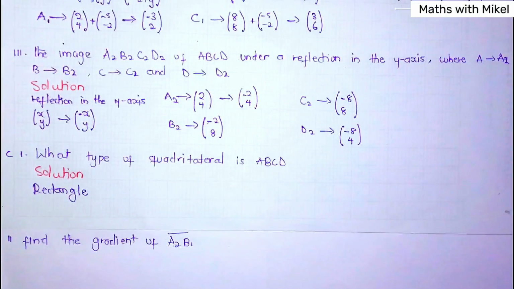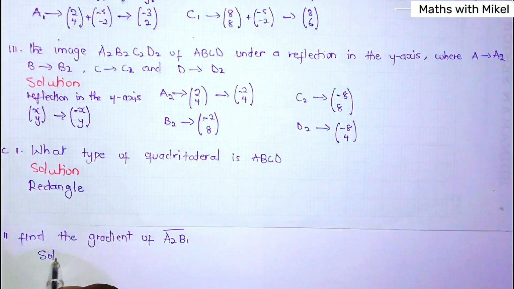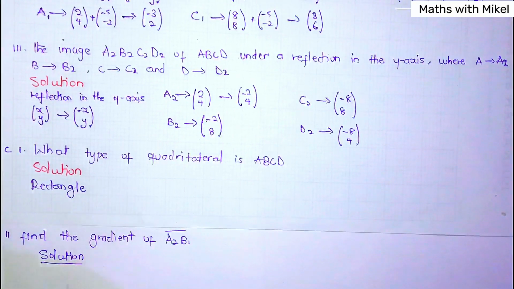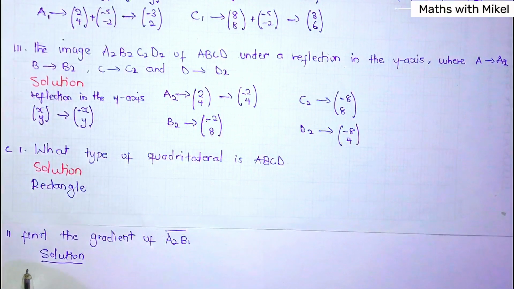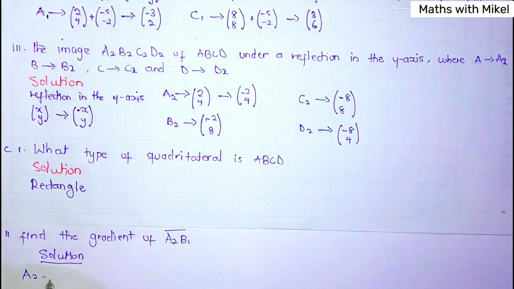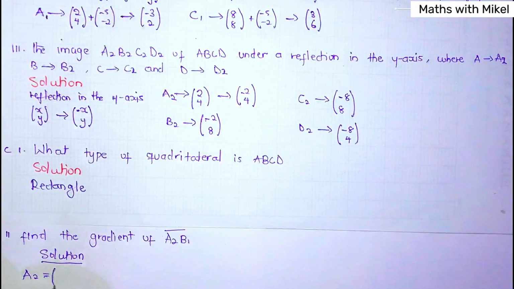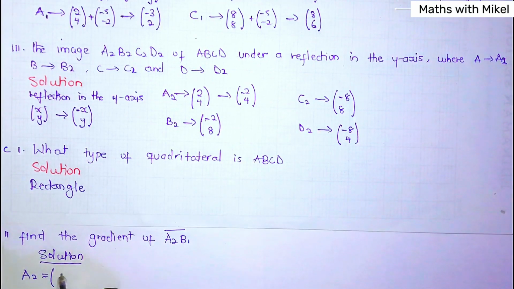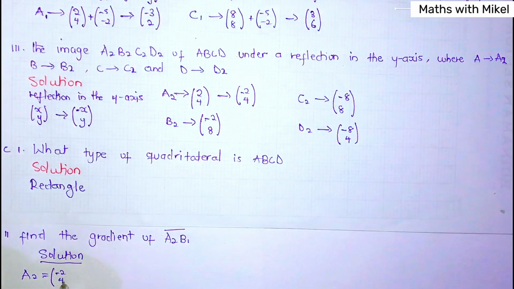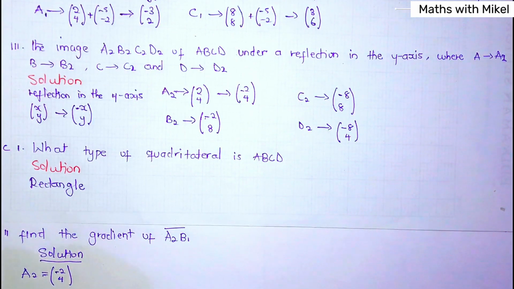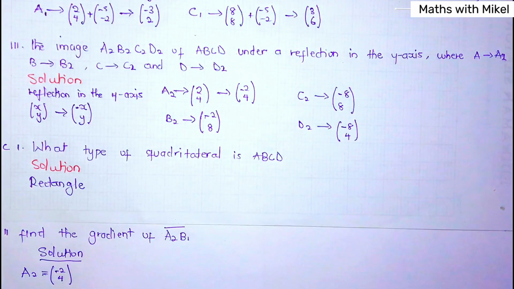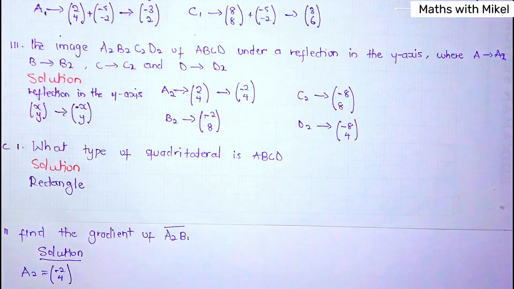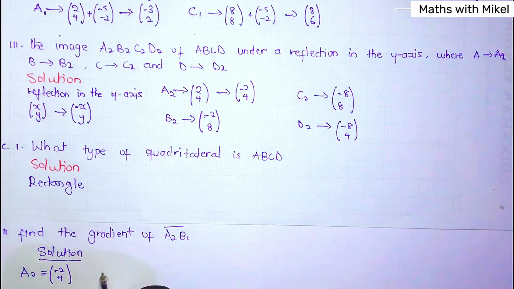So the solution, A2 we had (-2, 4). And B1 is (-3, 6).